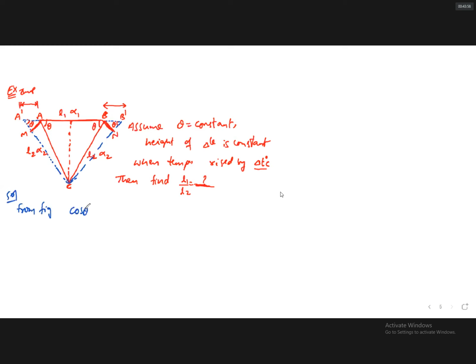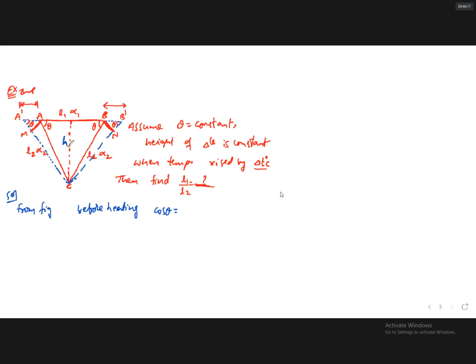Now from the figure, before heating, cos theta can be written as adjacent side by hypotenuse.